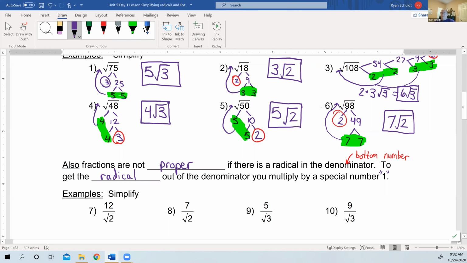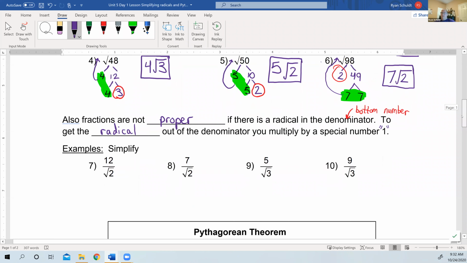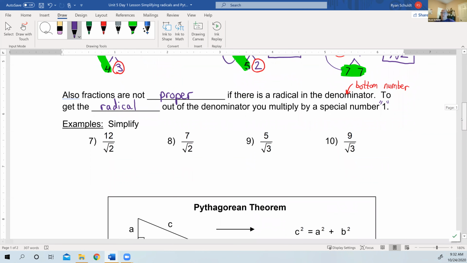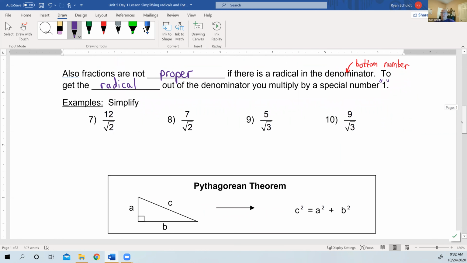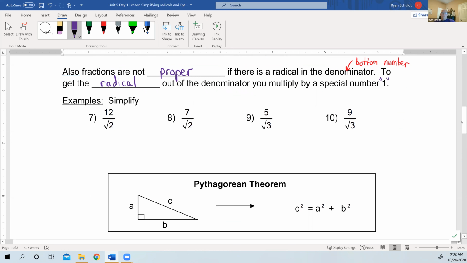Okay, so now using this, let's look at this next set of examples. If you notice, this example, we have a square root of 2 in the bottom. There's a radical in our denominator. So we're not good. We've got to fix it.